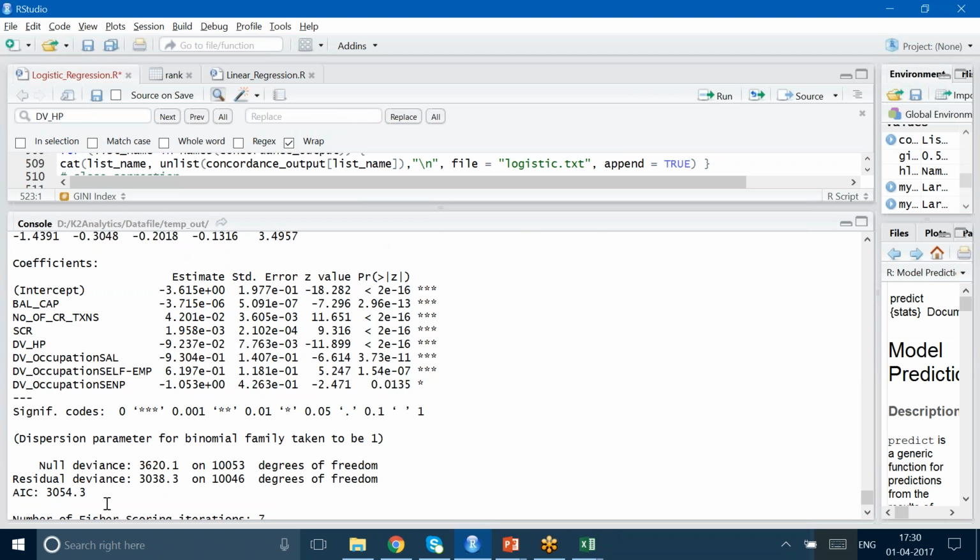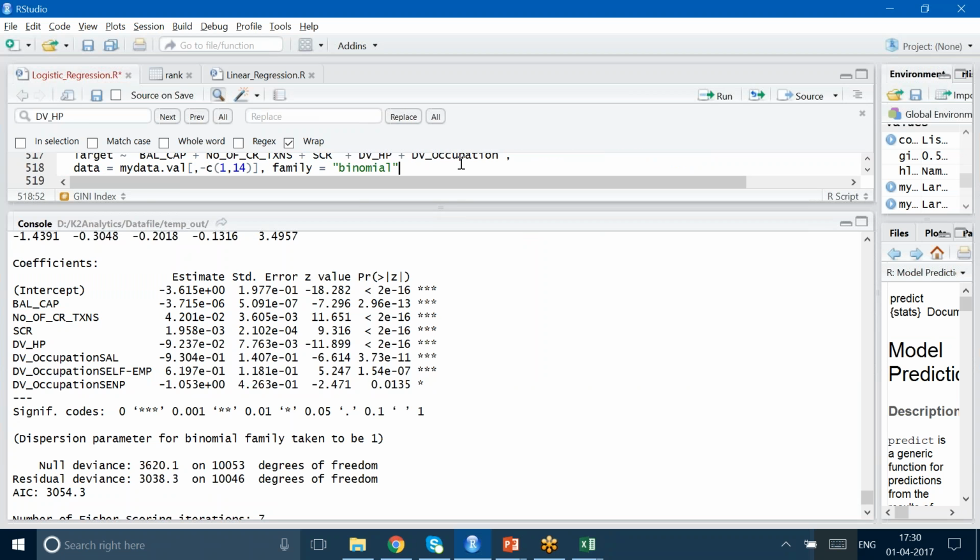I have to get the same thing for the summary. I have to run it for the val sample also.